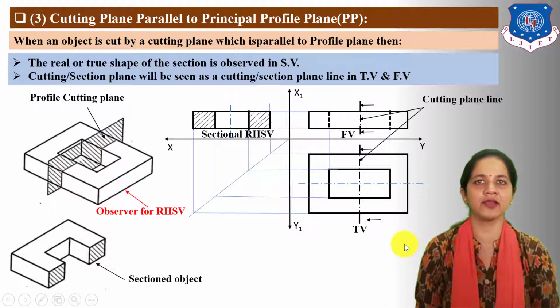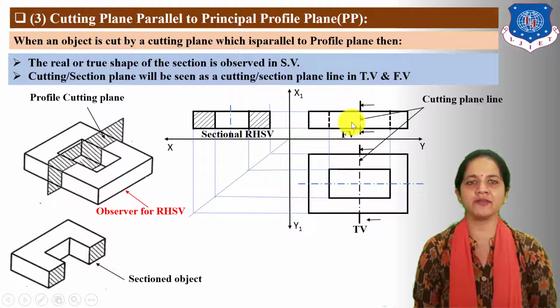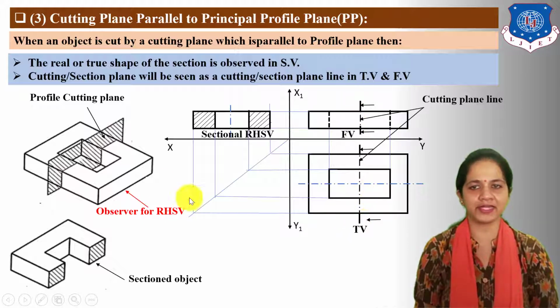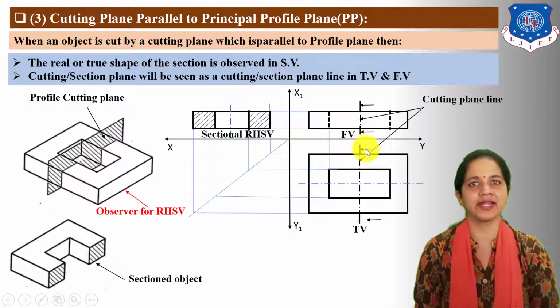So here I have applied the first angle projection method. Here you can see the top view and front view are not affected by the section or cutting plane. Here we need to locate only the cutting plane line as a center line with observer arrows for the right hand side view.